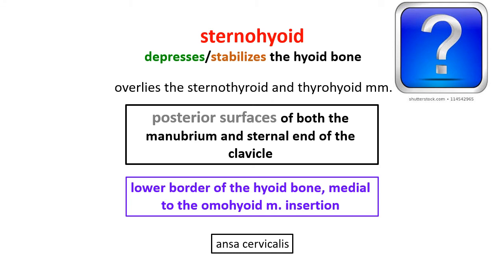It arises from the posterior surfaces of the manubrium and sternal end of the clavicle and reaches the lower border of the hyoid bone medial to another muscle insertion, and it is supplied by a structure called ansa cervicalis.